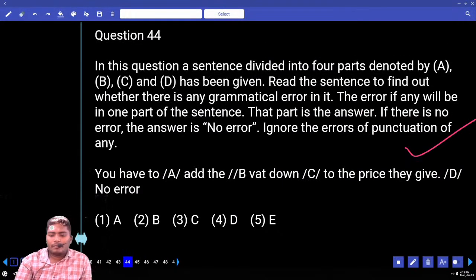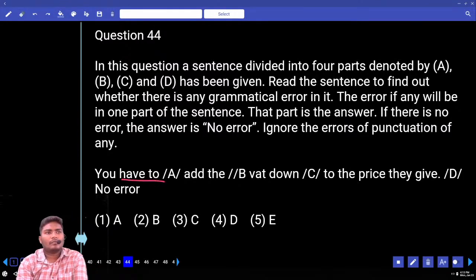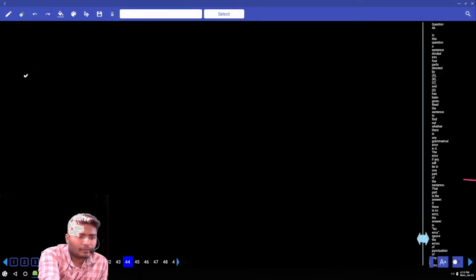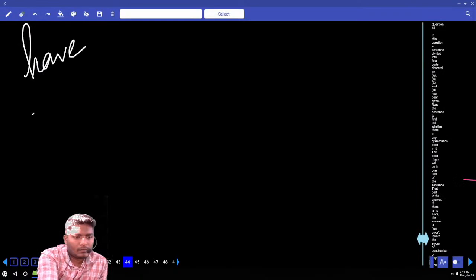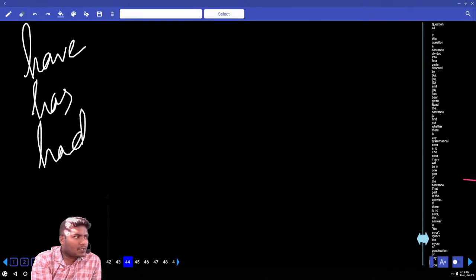Move to 44. You have to add the VAT down to the price they give. What is the part of speech of have to? What is the part of speech of these three words?